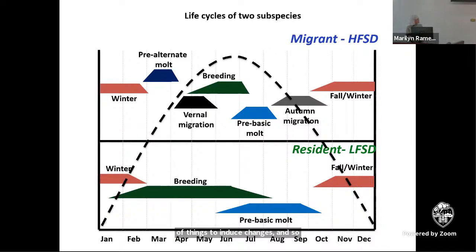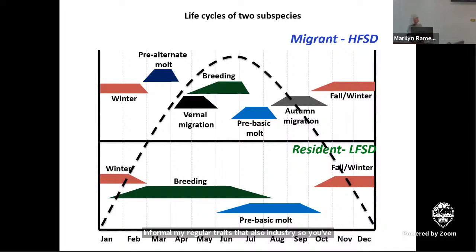And so as day length increases beyond the spring equinox, this activates the hypothalamic-pituitary-gonadal axis to induce hyperphagia, fattening, and changes in mass and optional behavior. So this is then the induction of vernal migratory traits that also induce breeding. So you've got these couple of events that are induced by photoperiod.